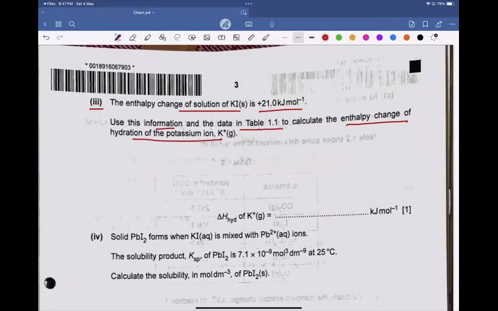Okay, so if you recall the expression as I have told you, the sum of enthalpy change of hydration is equal to lattice energy plus enthalpy change of solution. So why sum of hydration? Because hydration is specific for every gaseous ion, right?